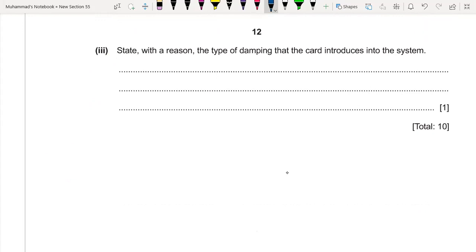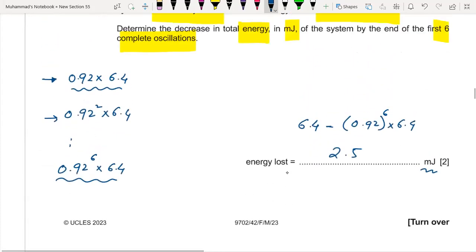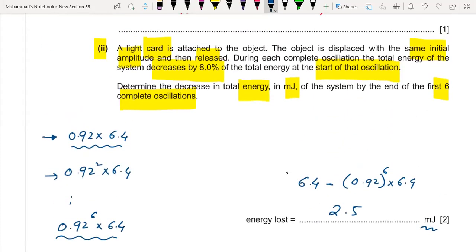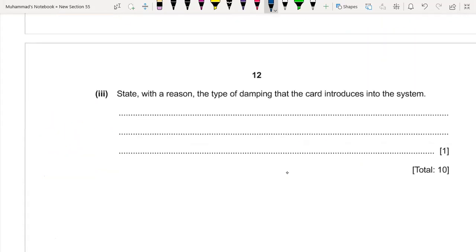In this situation, the oscillation is being performed, and after each oscillation, the decrease in amplitude is 8%. So the decrease in amplitude is not too much, and oscillation is there. So we can say that the damping is light damping.